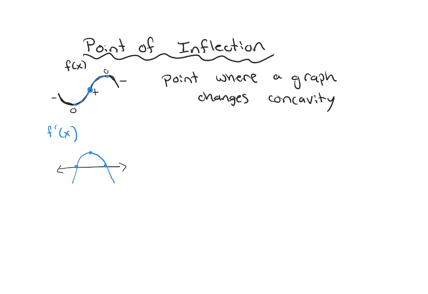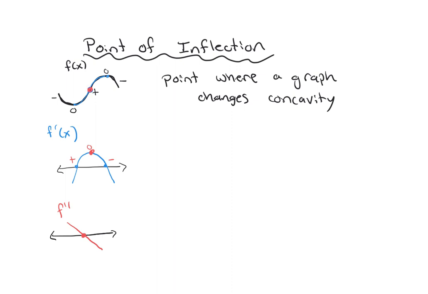So now let's convert that into the second derivative. Okay, the second derivative describes the slope of the first derivative. So positive, 0, negative. Where it's 0, that's where it's crossing the x-axis. Okay, so now the point of inflection.